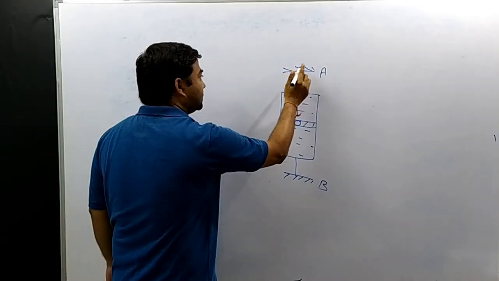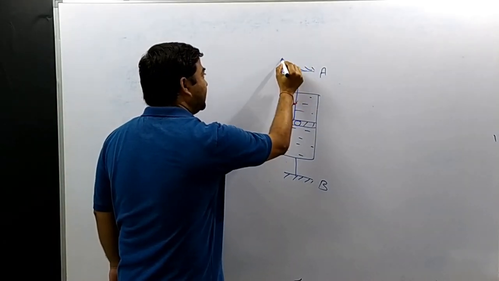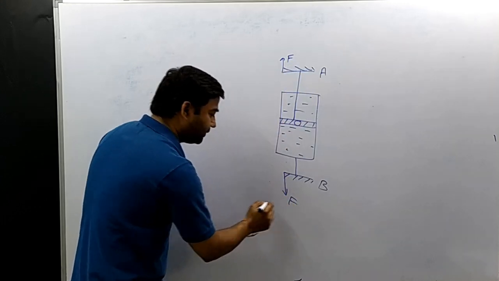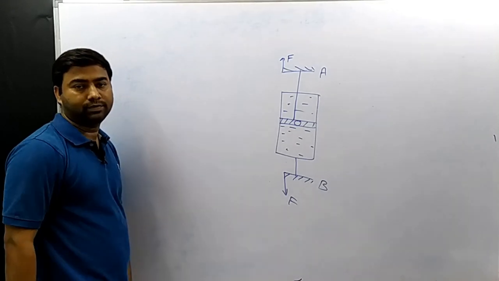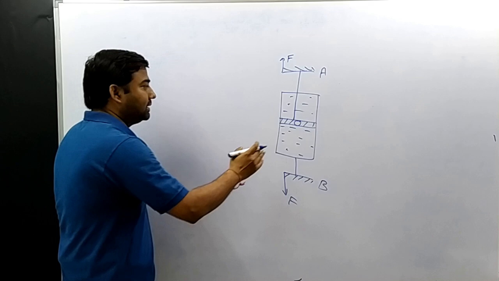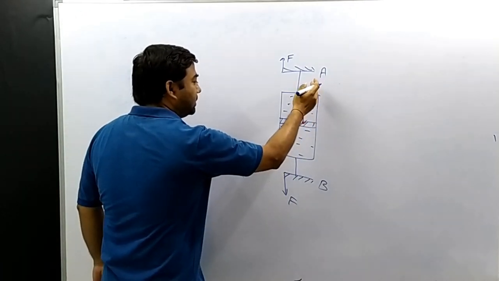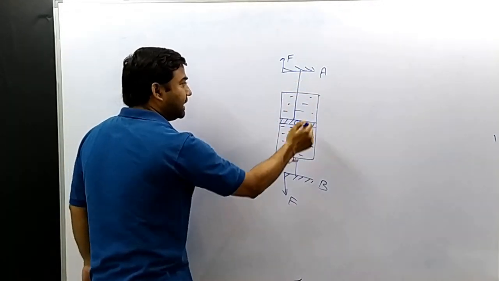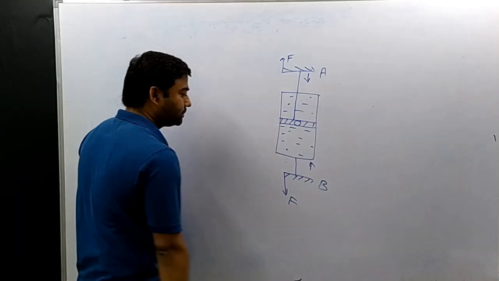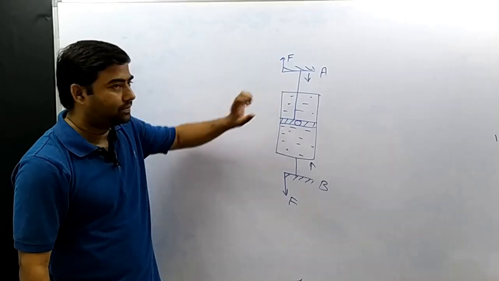Let the external force applied on this end be F, and at this end be F. This is the external force. To balance this external force, the damper will apply its own force on both these ends in this direction, opposite to the external force.